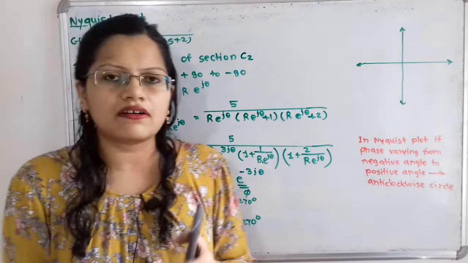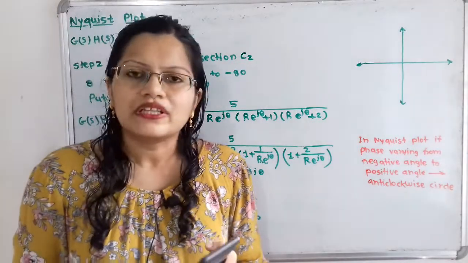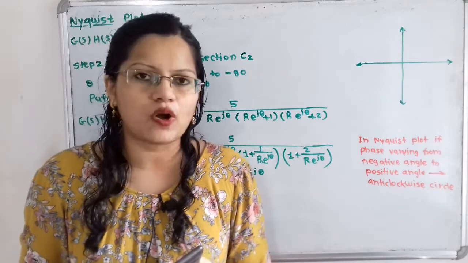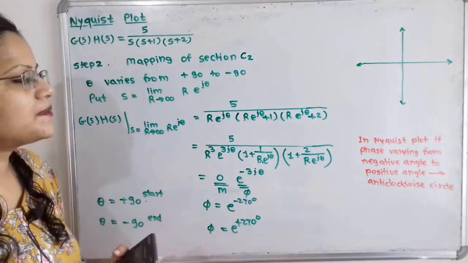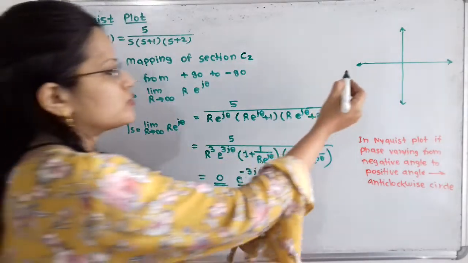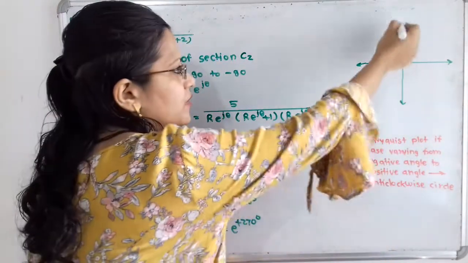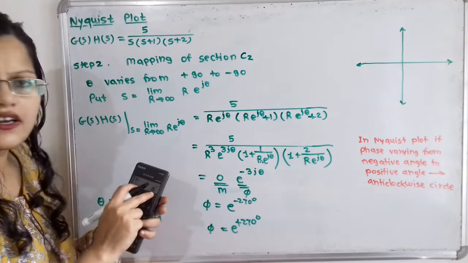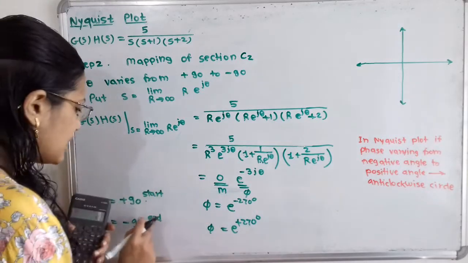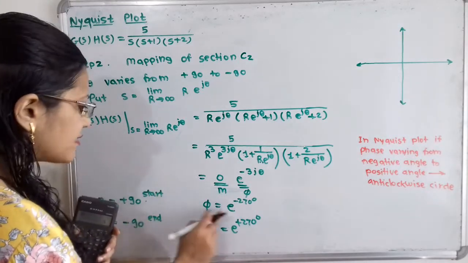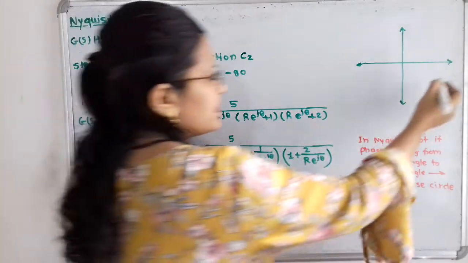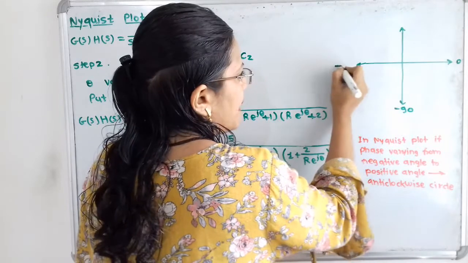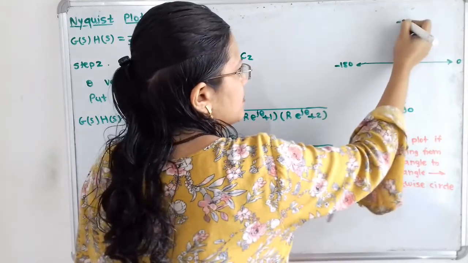Now how to draw? Here magnitude is 0, so I will take the magnitude nearby 0, and I will draw a very small circle. For this S plane I will take the horizontal line as the real axis and the vertical line as the imaginary axis. Now total circle covered is 1.5. This phase angle starts at minus 270, so I will mark 0, minus 90, minus 180, minus 270.